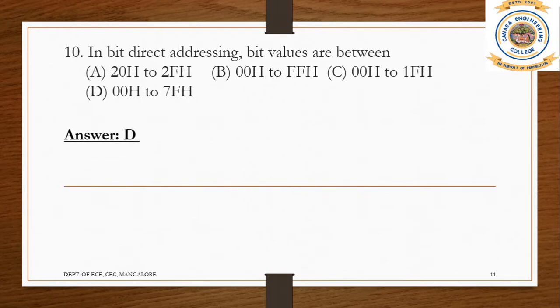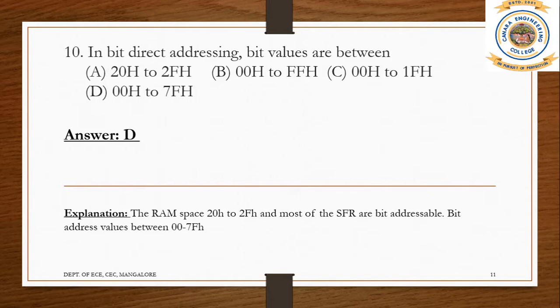So the answer is D, that is 00H to 7FH. RAM space 20H to 2FH, and most of the SFRs, are bit addressable. So bit address values are between 00 and 7FH.